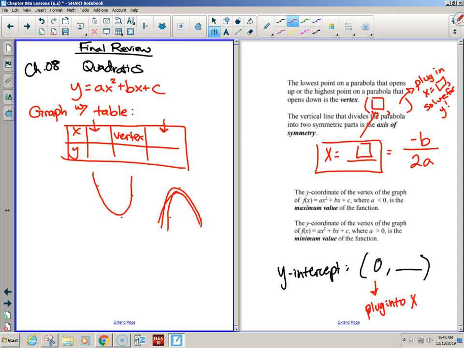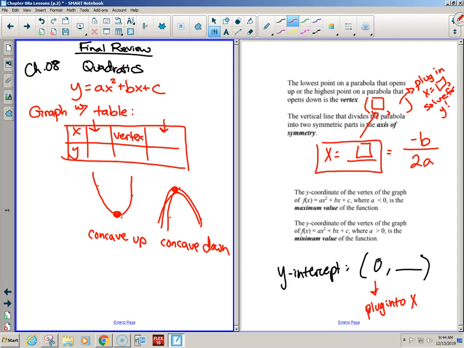But let's use these two different concavities to remind us of a couple things. We can have a concave up parabola, or we can have a concave down parabola. But do you guys remember what's going on in my equation that makes it go up or makes it go down? Which number do I look at to know whether it's facing up or facing down?